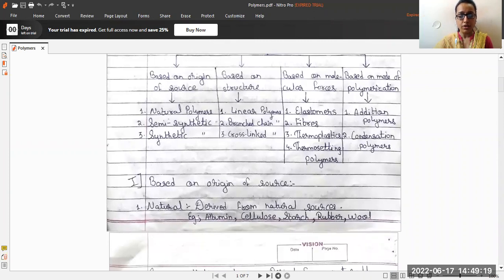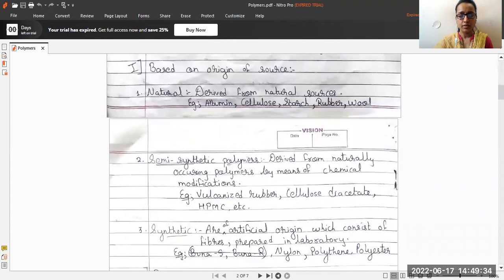First, let us talk about natural polymers. Natural polymers are obviously those derived from natural sources. Examples of natural polymers are albumin, cellulose, starch, rubber, wool, etc. Next are semi-synthetic polymers. These are derived from naturally occurring polymers using chemical modifications.